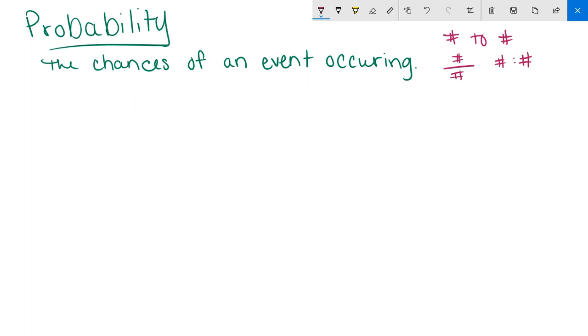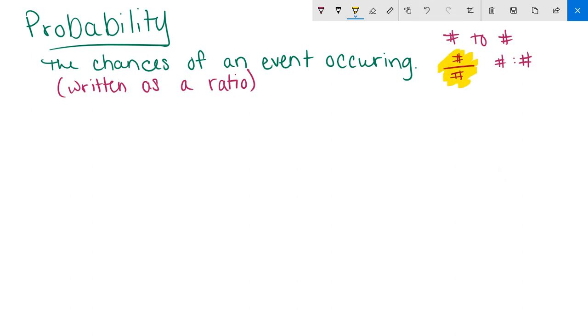Okay, so it is written as a ratio. You can write it any of those ways. Typically, we stick to the fraction form.